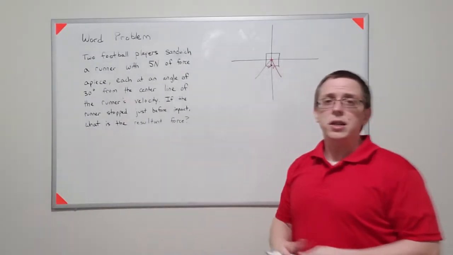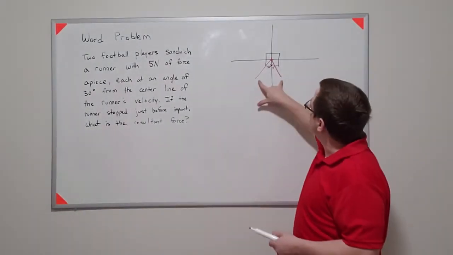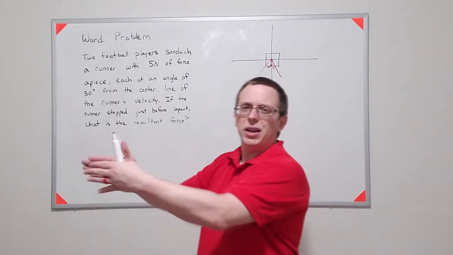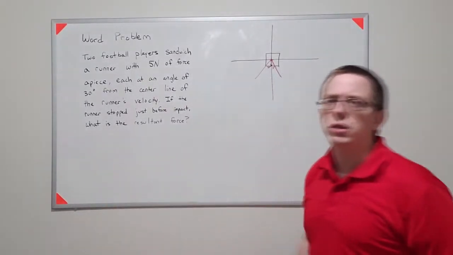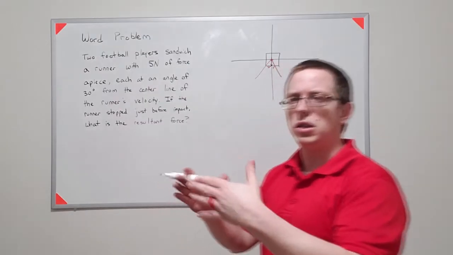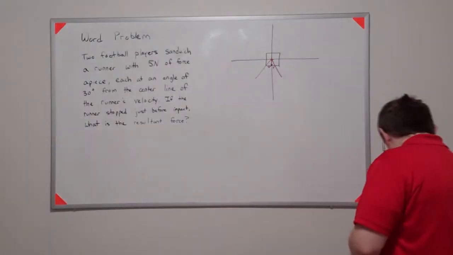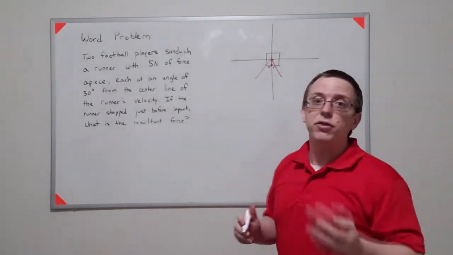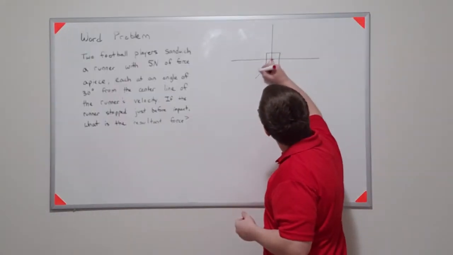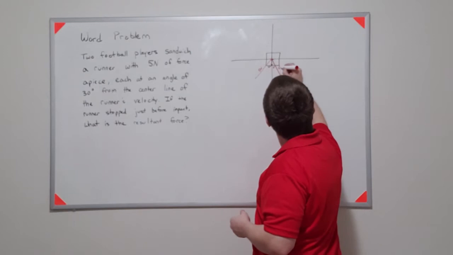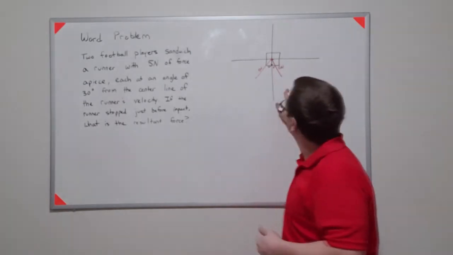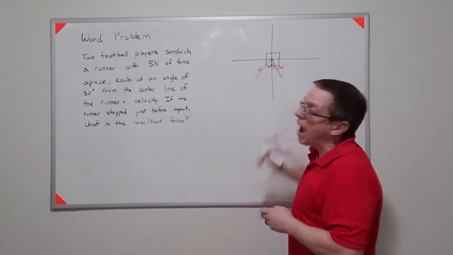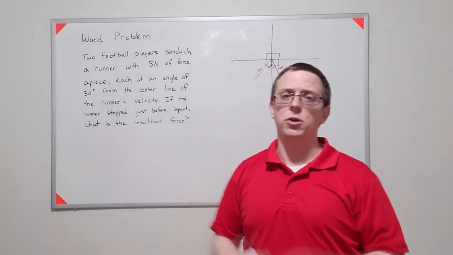So the reason this is convenient for us is we can think of their force being in sort of almost like a positive direction. Kind of makes our lives a little simpler. And each of them has 5 newtons of force. So we know the magnitude of each of these vectors.